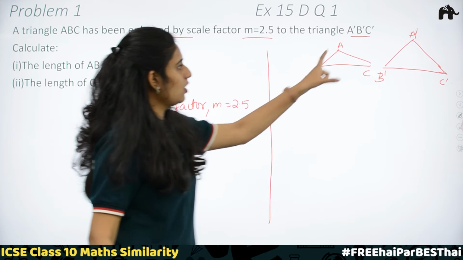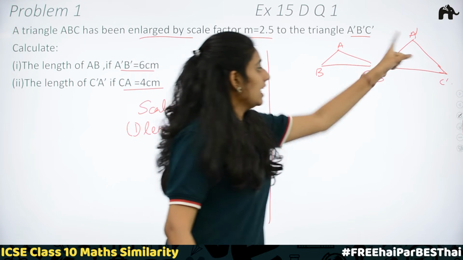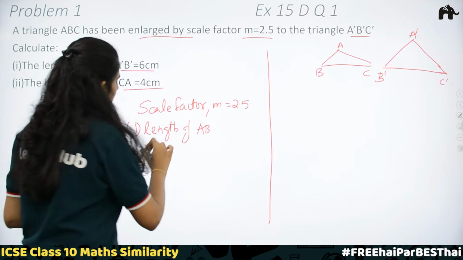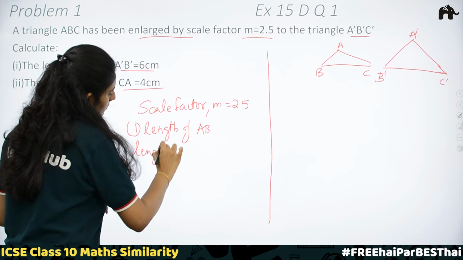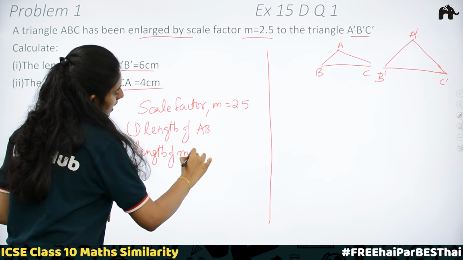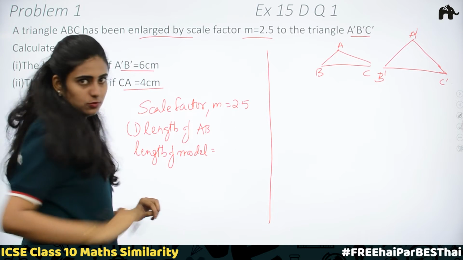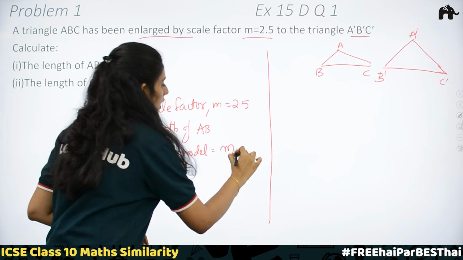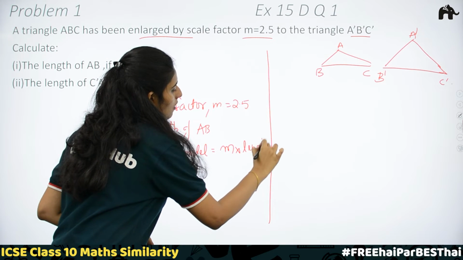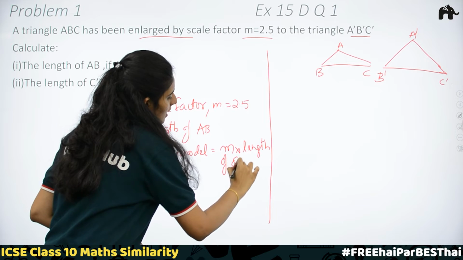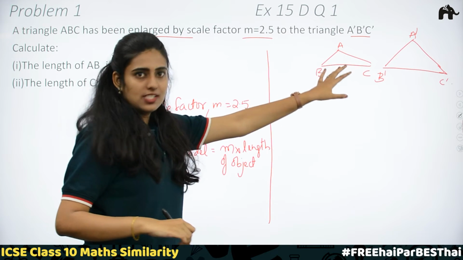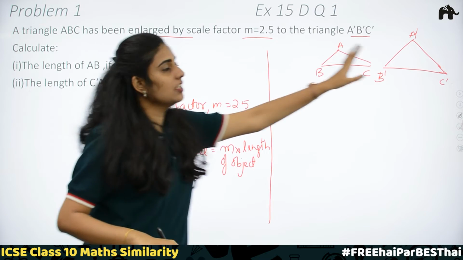AB is the side of the original triangle and A dash B dash C dash is the enlarged triangle. We will be having length of model is equal to scale factor M into length of object. Here what is the model and object? Object is the original one and model is the new one.